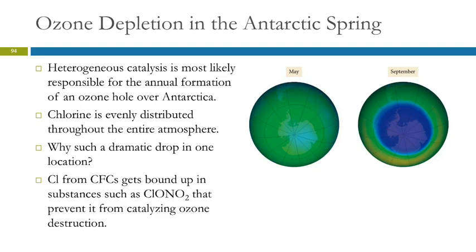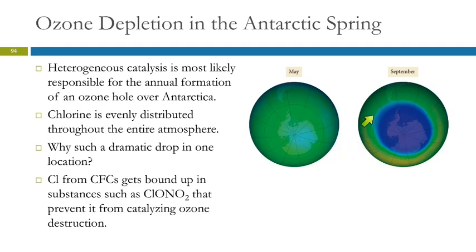No. There's this thing called this ozone hole that develops over Antarctica over the course of the summer. So here we have images of the ozone layer over Antarctica in May and in September. And in September, there's this big hole in the ozone layer.